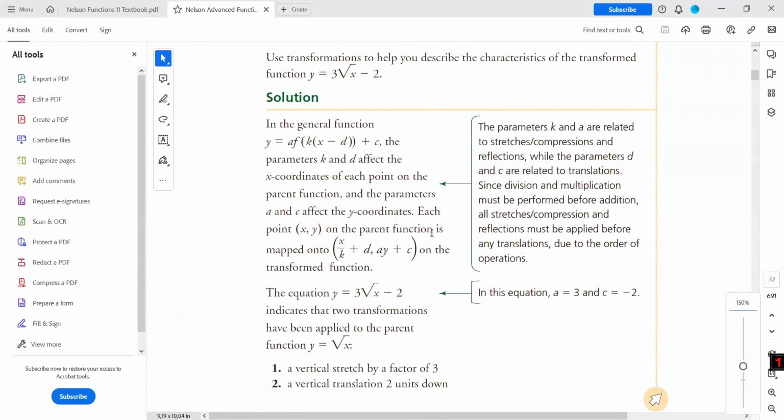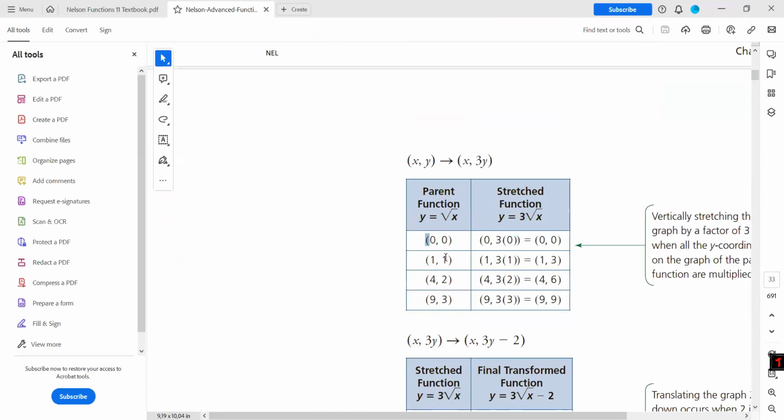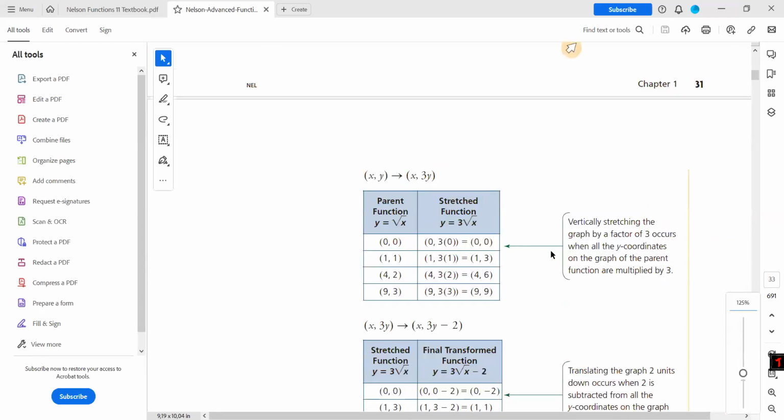Let's say we have square root of x, we found 4 points, and to apply the stretch to this function, we're going to multiply the y coordinate of each one of these points by a factor of 3. Vertical stretch of the graph by a factor of 3 occurs when all the y coordinates on the graph of the parent function are multiplied by 3.